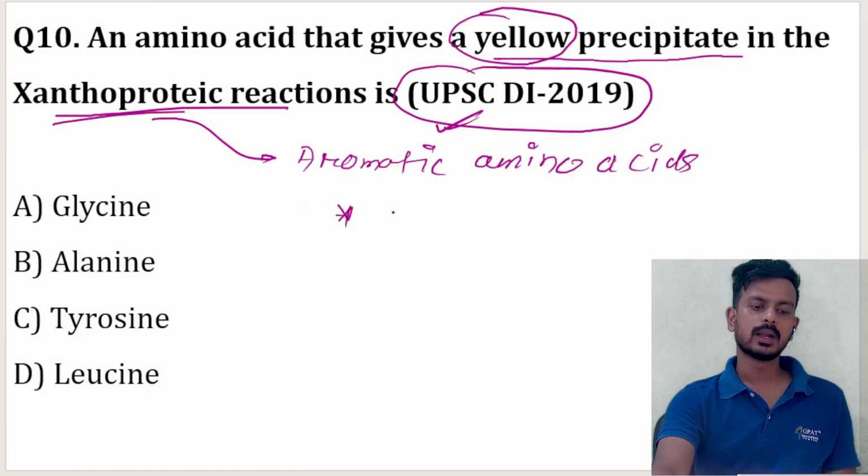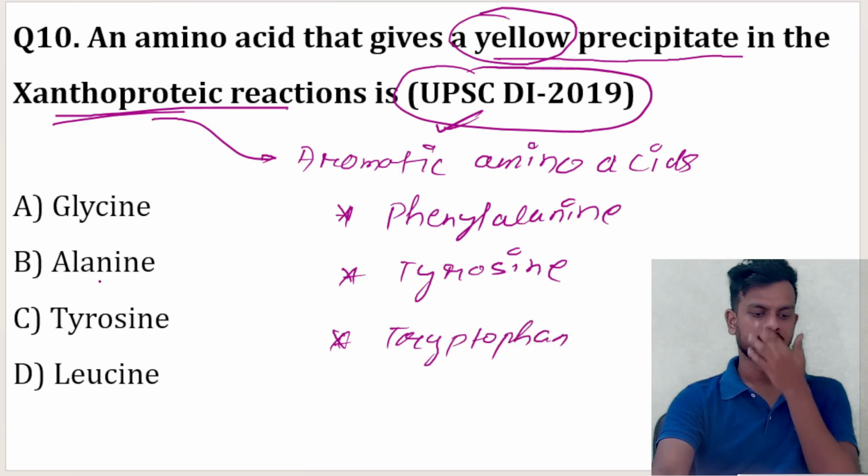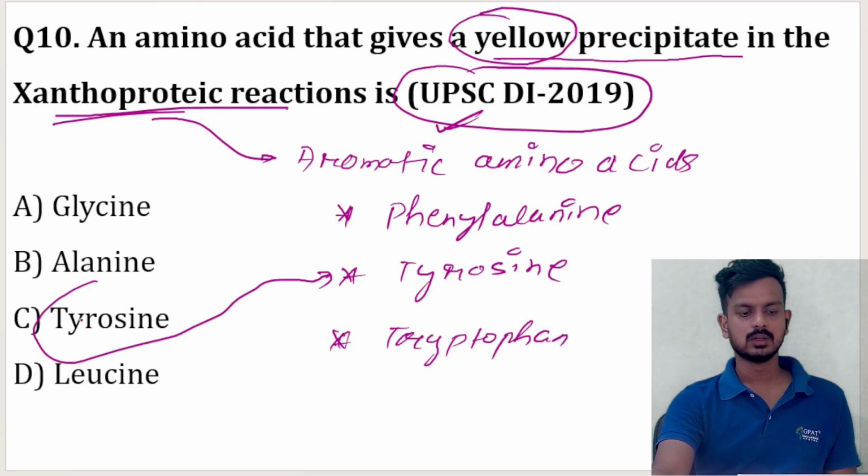What are the examples of aromatic amino acids? Phenylalanine, tyrosine, and tryptophan. So here tyrosine, option C. Okay, option C is the correct answer.